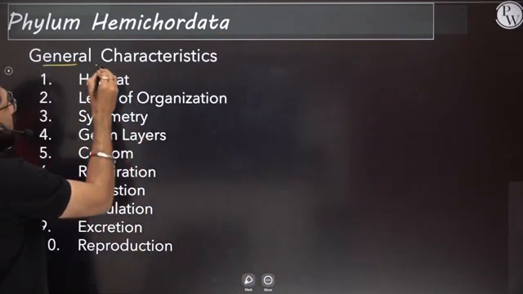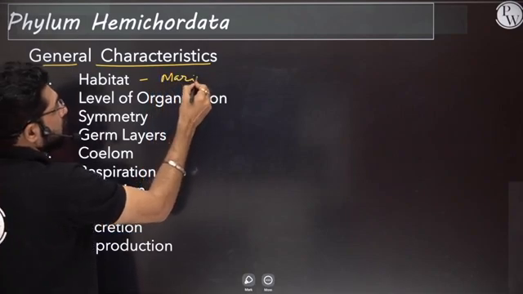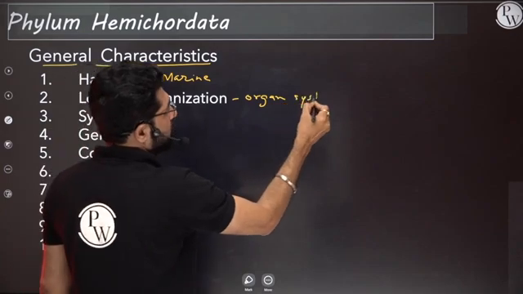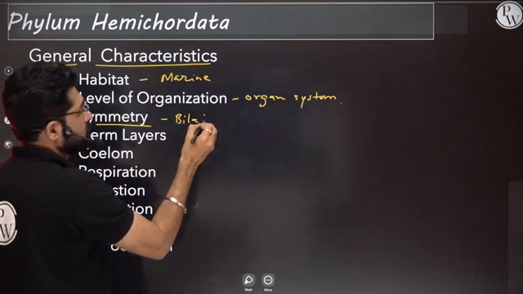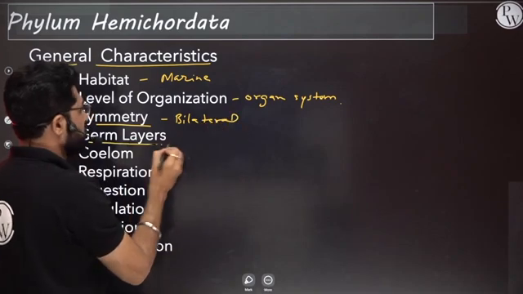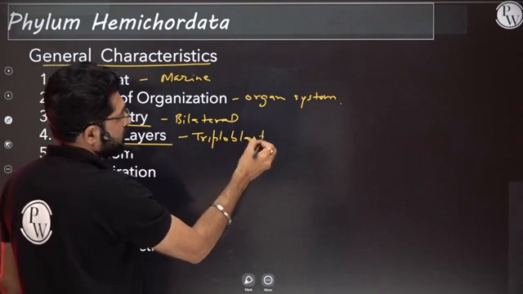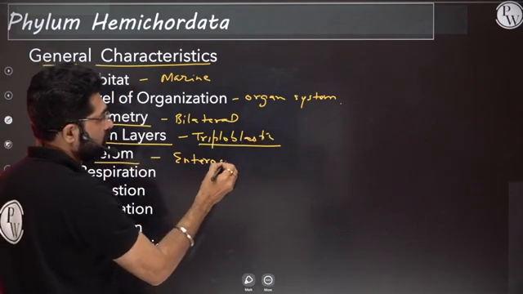See the general characteristics. Habitat: they are exclusively marine. Level of organization: organ system level. Symmetry: bilateral. Germ layers: they are triploblastic. Coelom is enterocoelom, please write down enterocoelom.